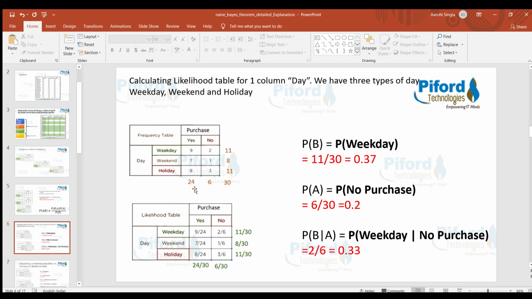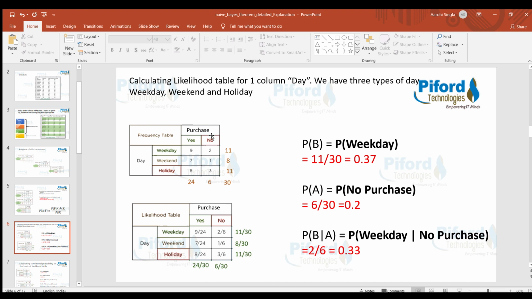Out of these 24 purchases, 9 were made on weekdays. In the same way, out of those 24 purchases, 7 were made on weekend. And out of 24 purchases, 8 were made on holiday.